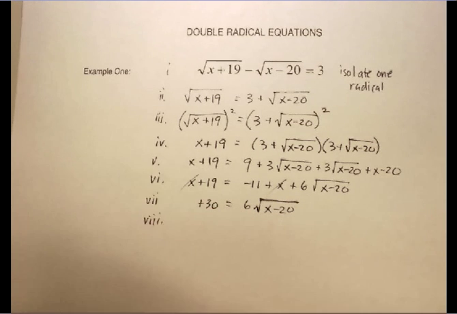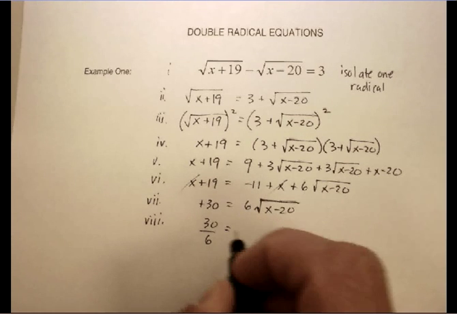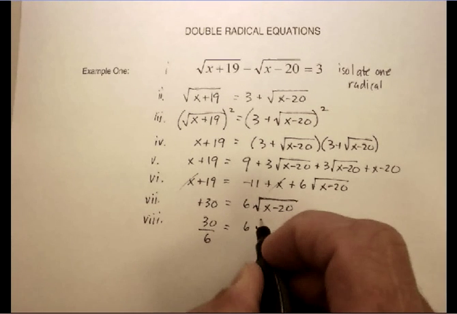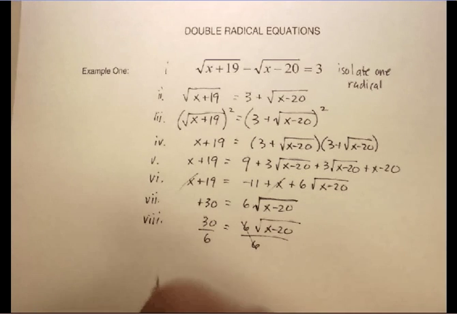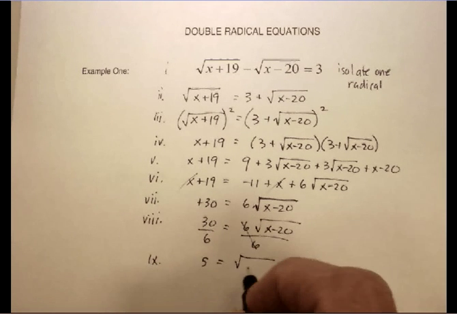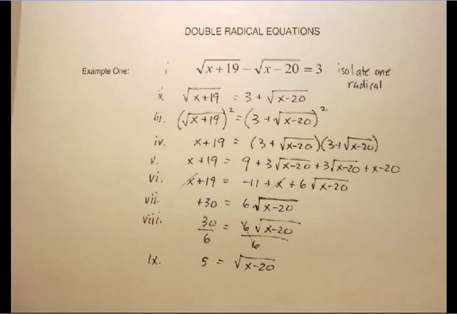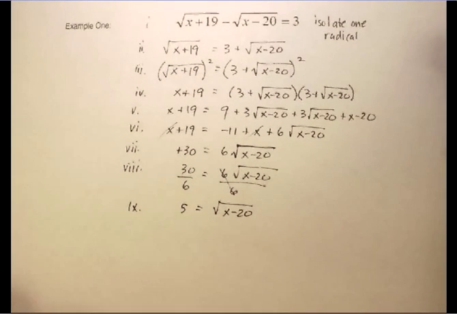So that's my step 8. 30 divided by 6 will be equal to 6 radical x minus 20 over 6. That goes away, and I get 5 is equal to the square root of x minus 20. Okay, we're getting closer and closer to our answer here.